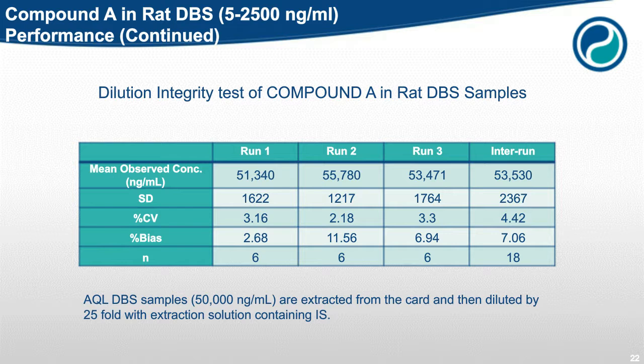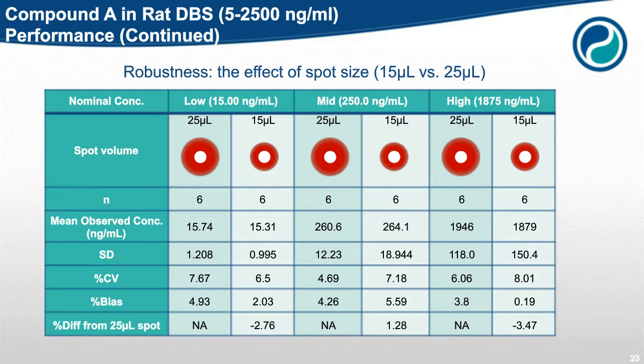The effective spot size. So the effective spot size is one of the evaluations done to evaluate the homogeneity of the spot. To do this experiment, we prepared DBS spots using two different blood volumes, 25 microliter versus 15 microliter. The idea is when a larger volume of blood is used, due to the resistance on the paper, the thickness of the spot at the center tends to be thicker, and therefore it will affect the quantitation.